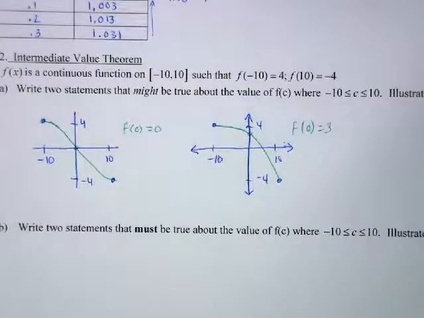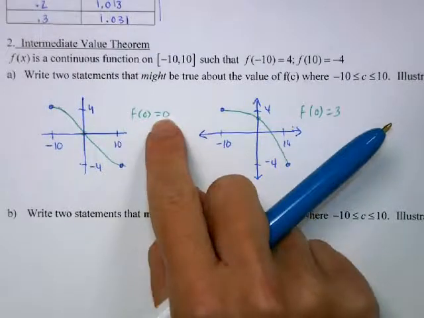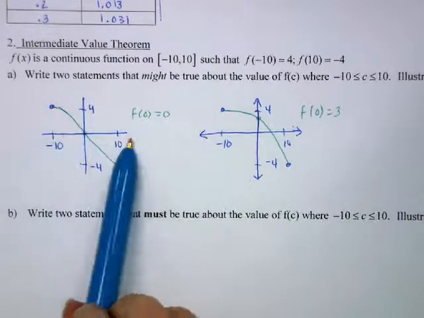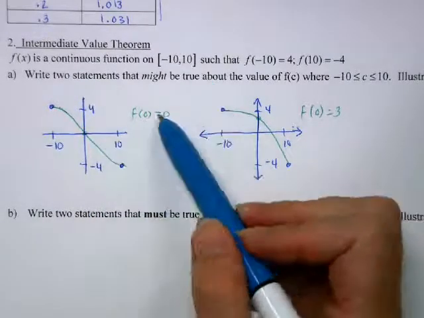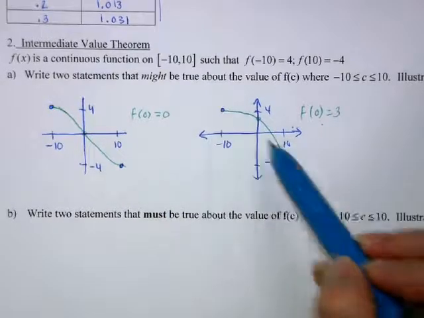What must be true is that somewhere between negative 10 and 10, it has to pass through 0, and it has to pass through 3. If it's going to go from this point to this point, every single y value must be represented.